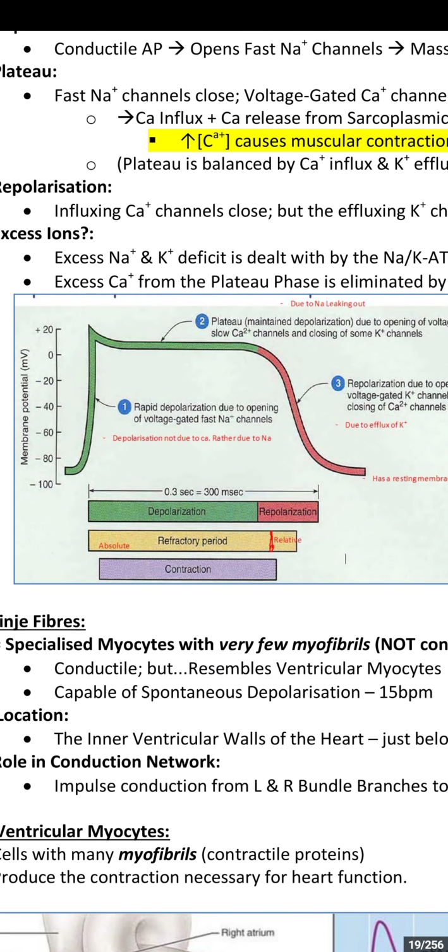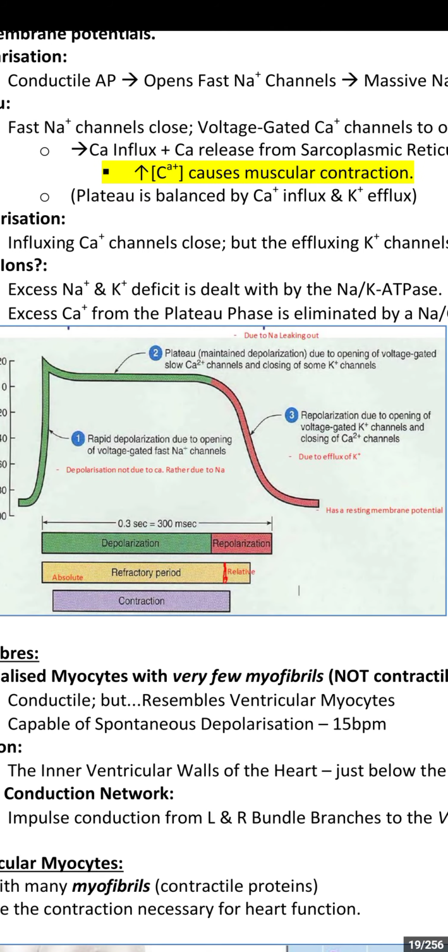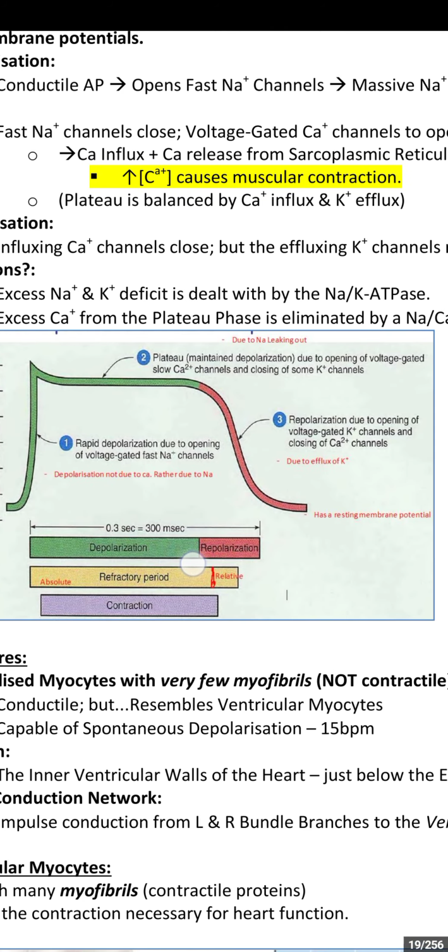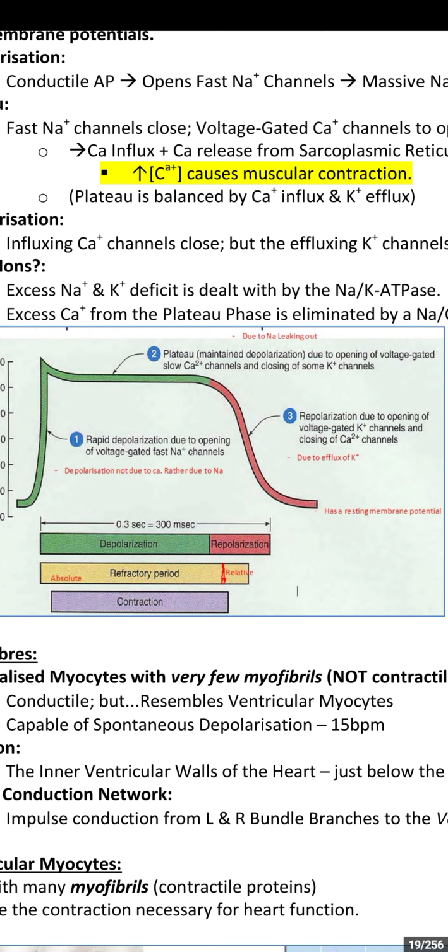At the onset, there is a rapid depolarization due to the opening of voltage gated fast sodium channels. The depolarization occurs rapidly due to the opening of sodium channels.